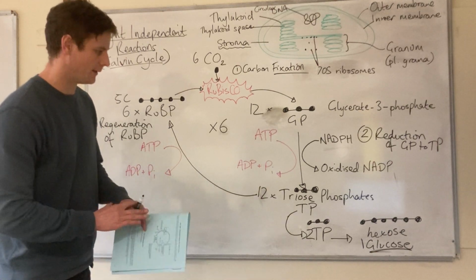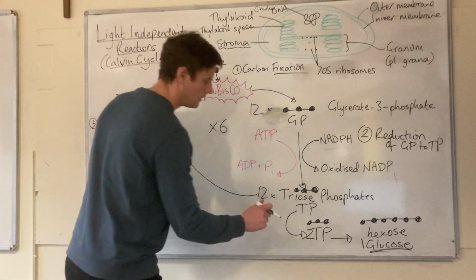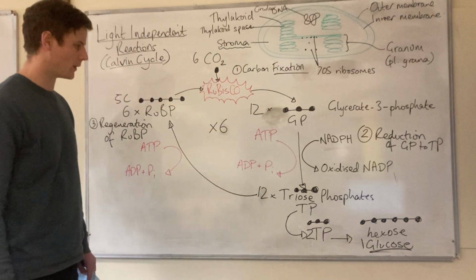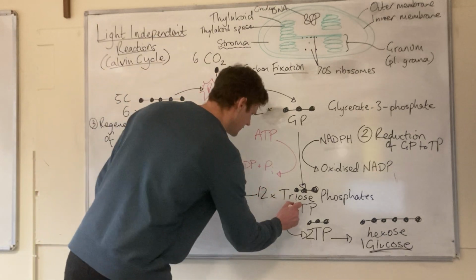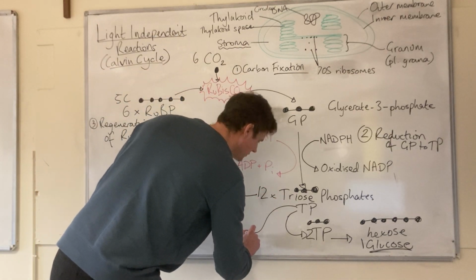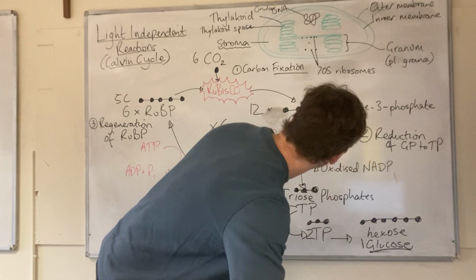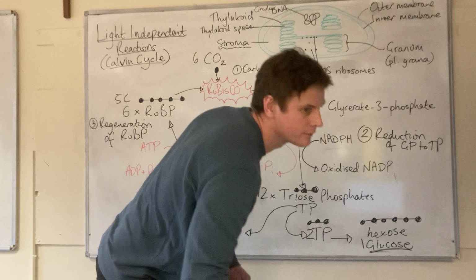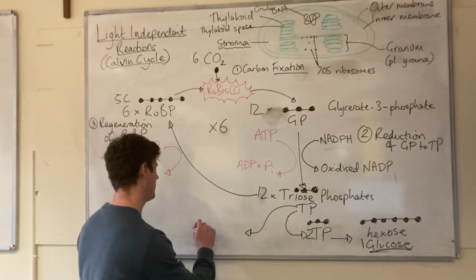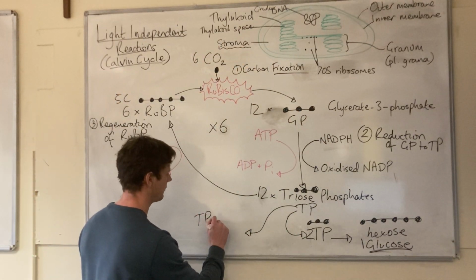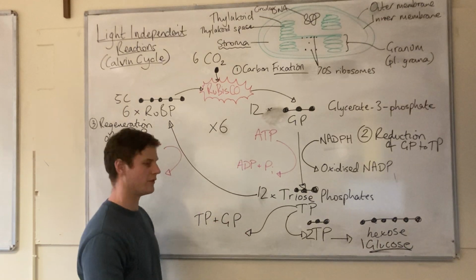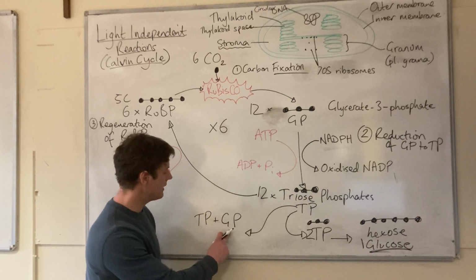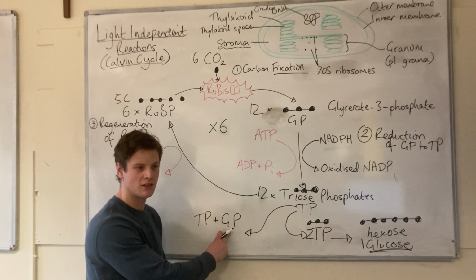Sort of running out of space a little bit. Okay. 2 triose-phosphates can make 1 molecule of glucose. Triose-phosphate can also be used if triose-phosphate and glycerate 3-phosphate are combined together. So if we have a triose-phosphate plus a glycerate 3-phosphate, well, the glycerate 3-phosphate can produce fatty acids.